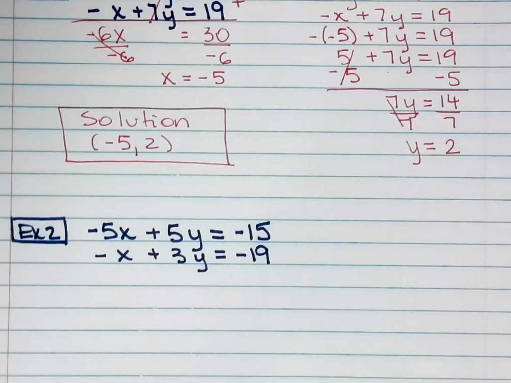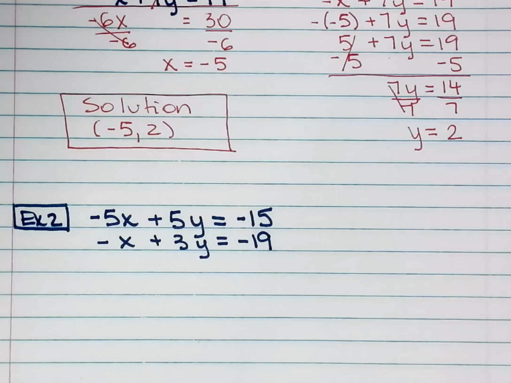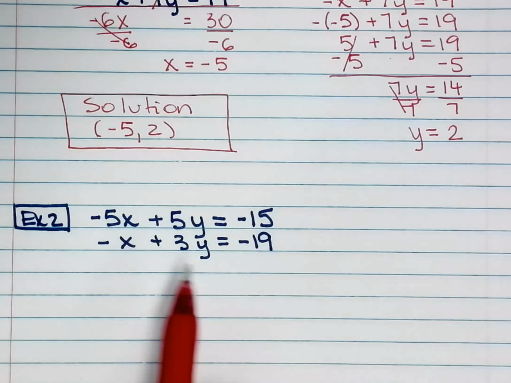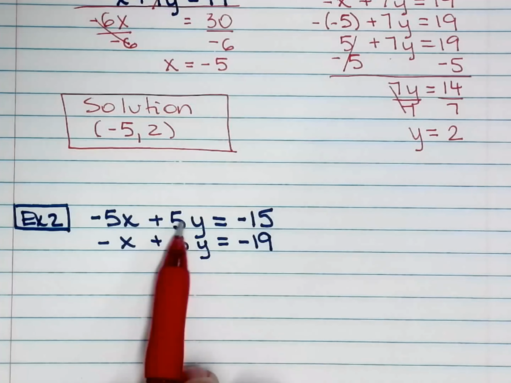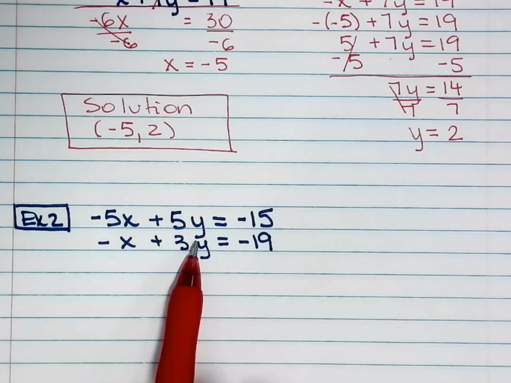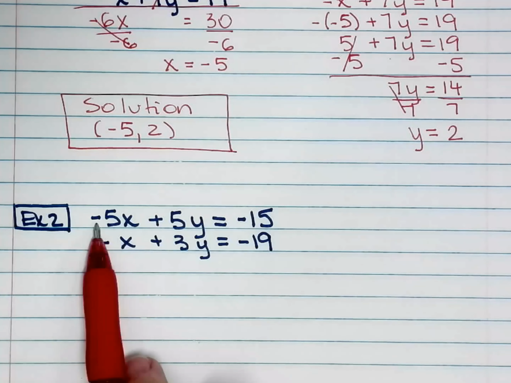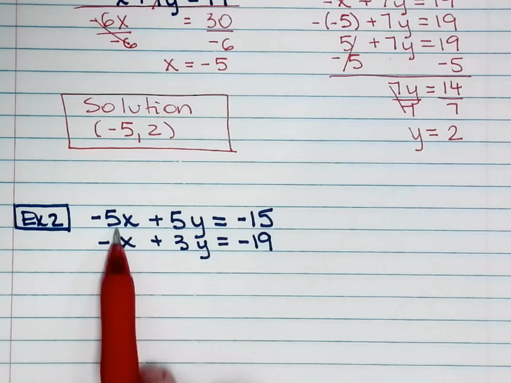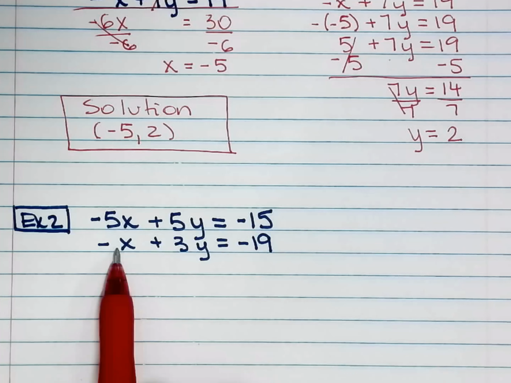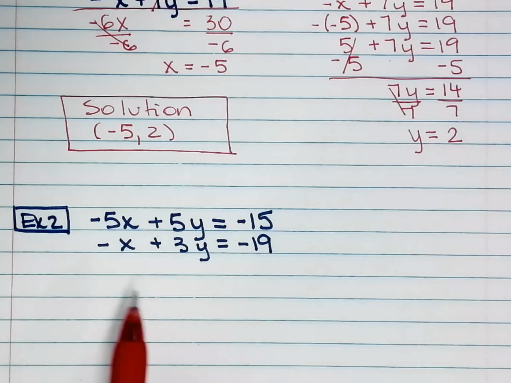Now, for example 2, it's not ready to eliminate like it was in example 1. If I were to add these two together, I have 8, so that doesn't eliminate y. Here, if I were to add those together, I get 6x, but that doesn't help me either.